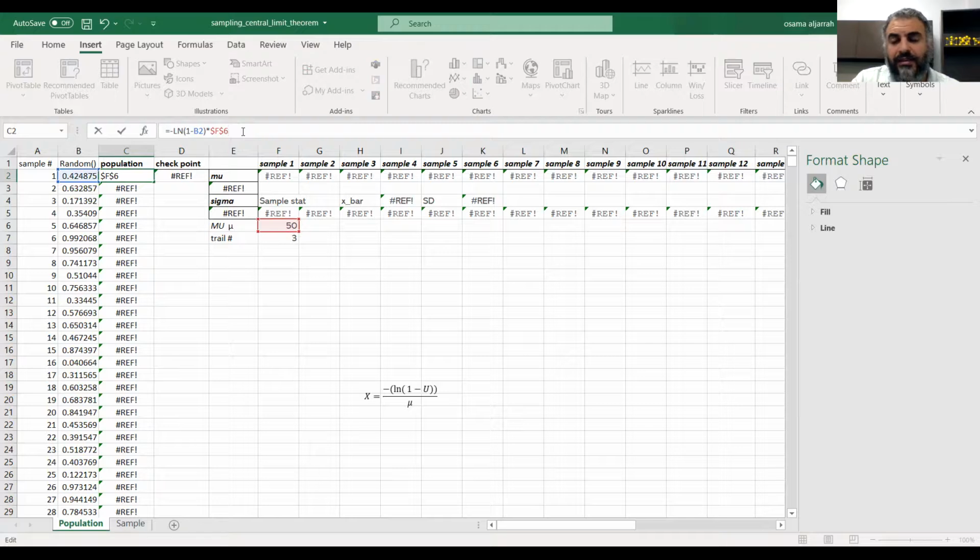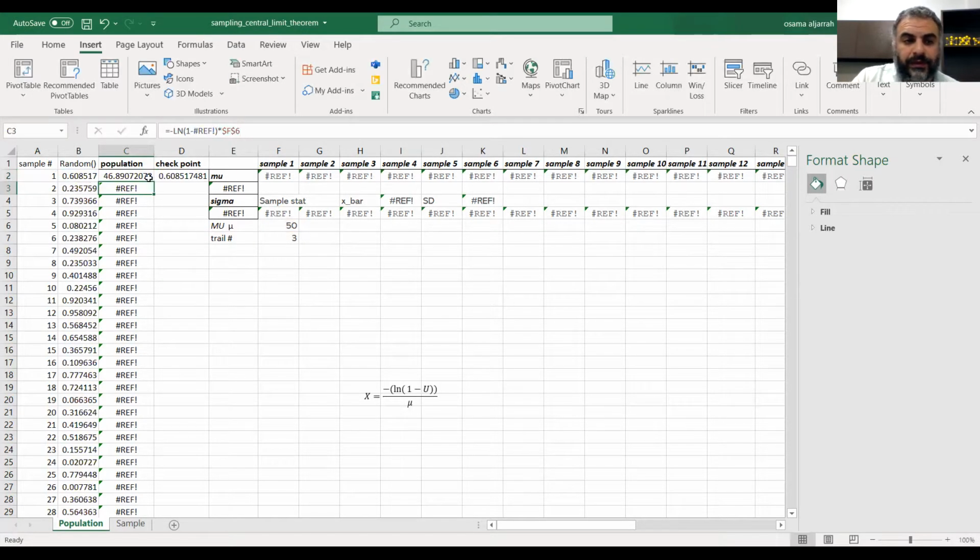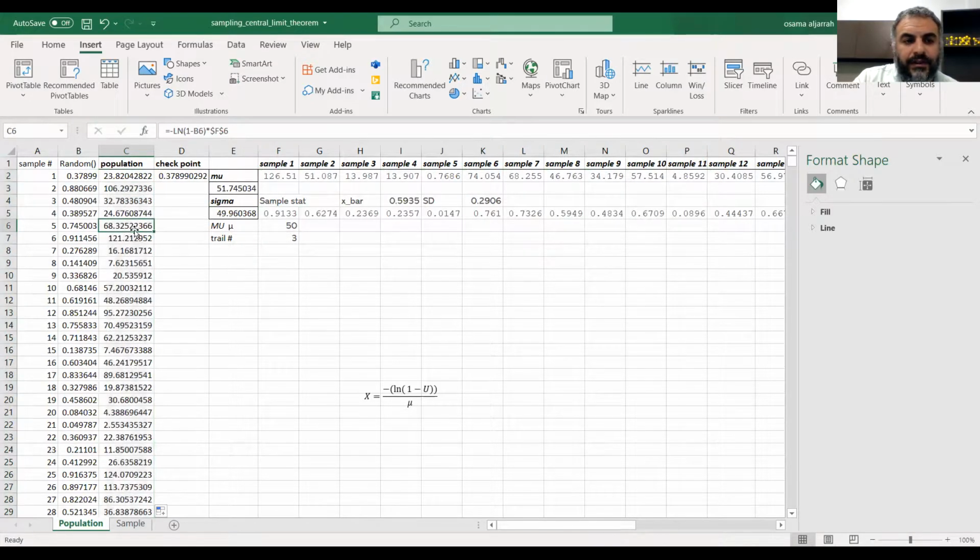It might be placed in another way, but make sure this is only for your mu. Then double click on it. This will generate a random exponential distribution for your population.